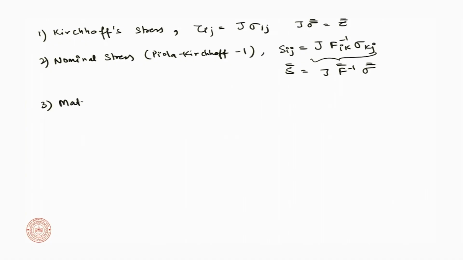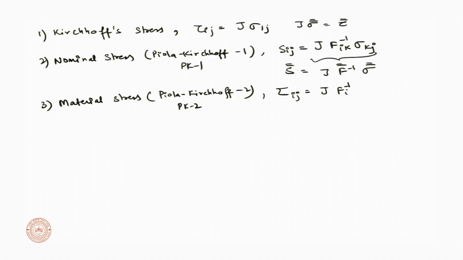and then we have a material stress, which is also called the Piola-Kirchhoff 2 or PK2. Okay, this is PK1, this is PK2 stress, and is defined by sigma ij equals J F inverse of ik sigma kl F inverse of jl.